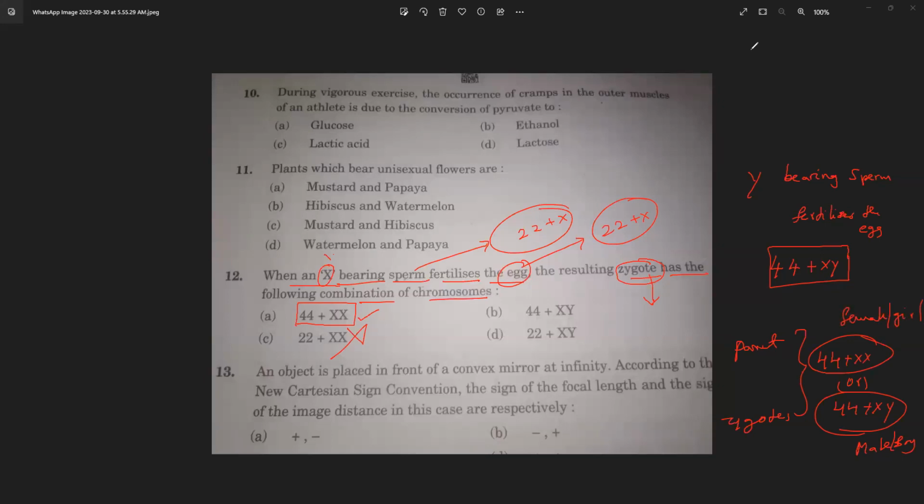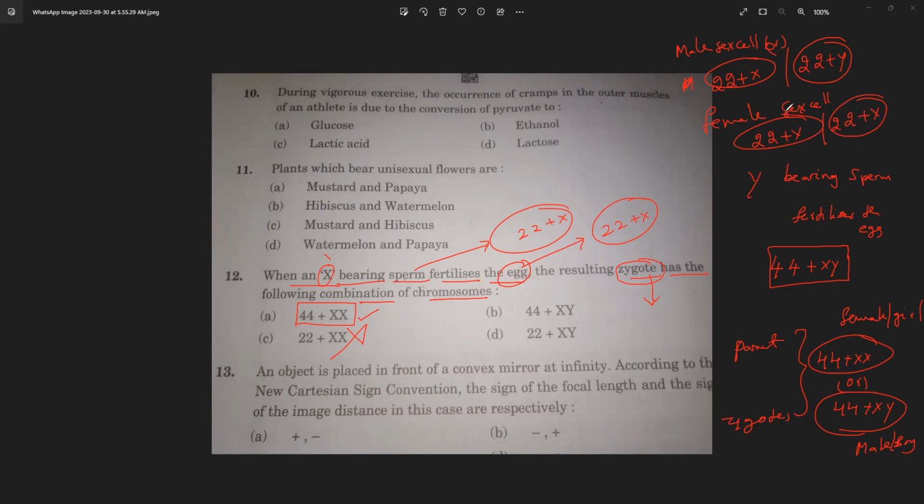But the male sex cell contains what? Either 22 plus X or 22 plus Y. Clear? Half. But the female sex cell contains what? 22 plus X, 22 plus X. That is it.